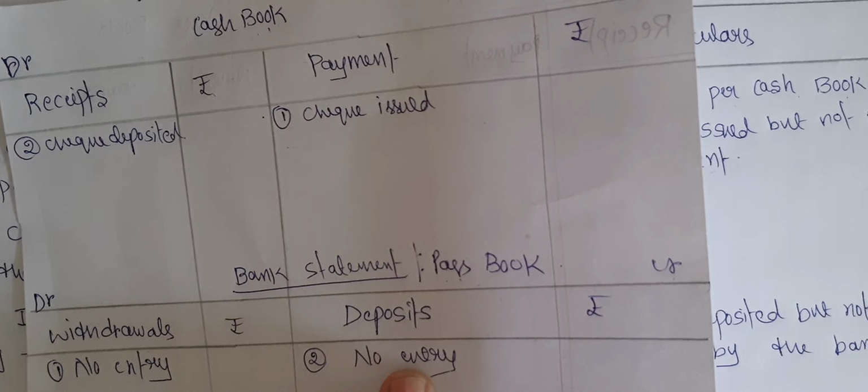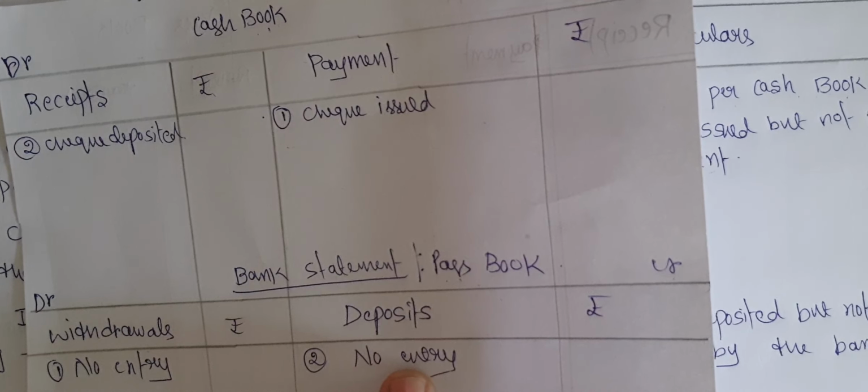They entered the transaction here, check deposited, but in the passbook there is no entry, means compared to cash book, the passbook balance is less. So we have to deduct this transaction. Fine. So here write down minus check deposited but not yet credited by the bank, that is rupees 8,000. Write down in the inner column.